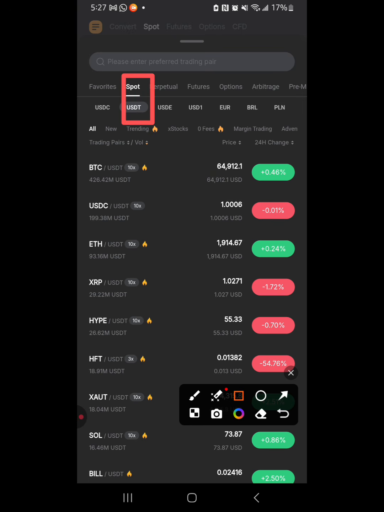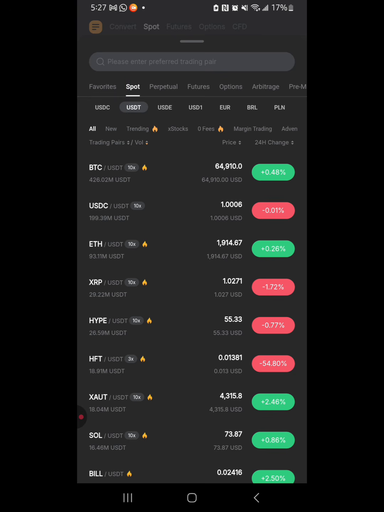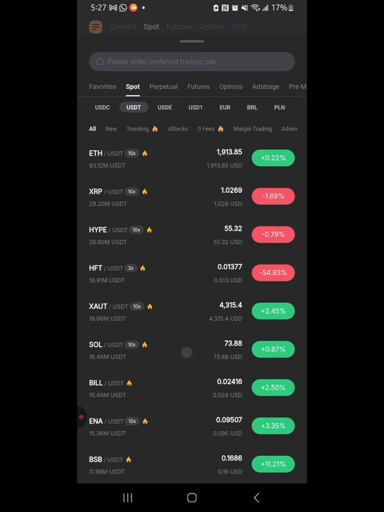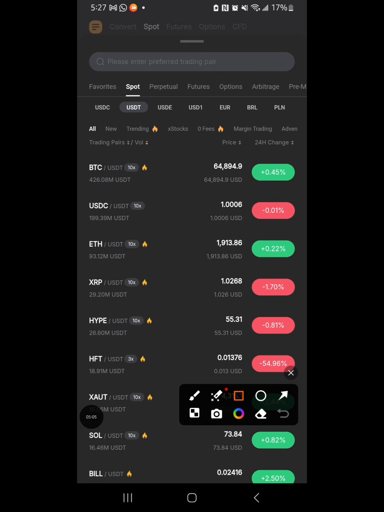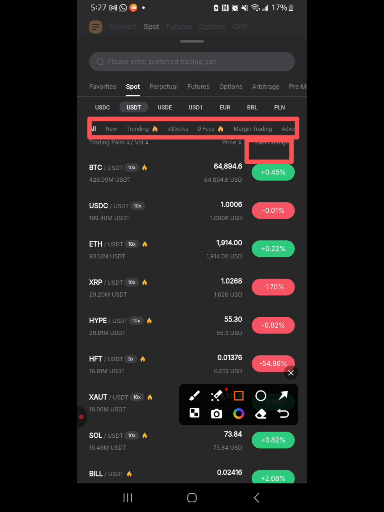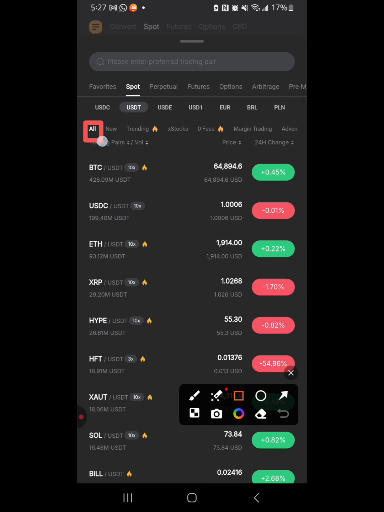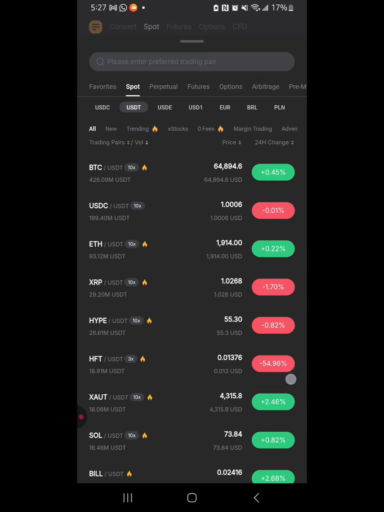Those two places are what we're going to be using to achieve this. So once you click on spot under USDT, you're going to click on where it says all. Some people might be on trending or new, but make sure that yours is on spot and all under USDT, to be precise.